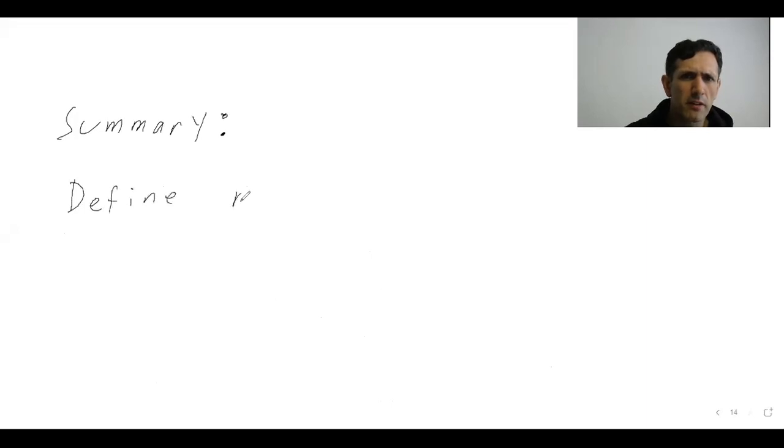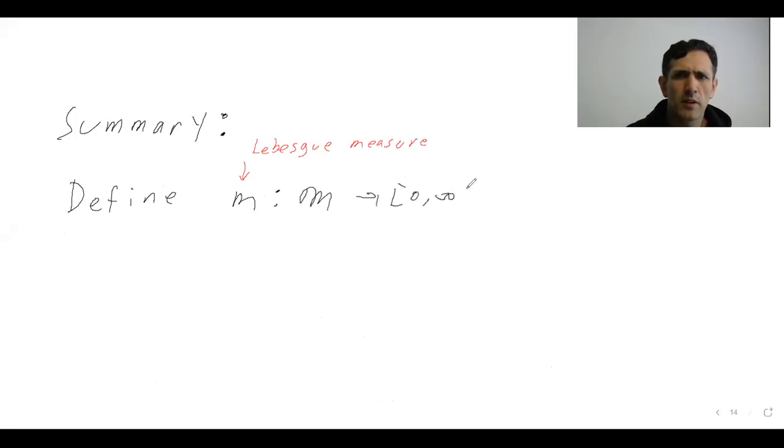So let's define Lebesgue measure. I mentioned this before, I think in the first video. This is called Lebesgue measure. As I mentioned, it's nothing mysterious.